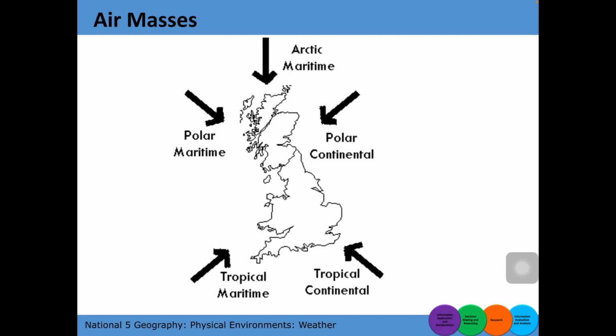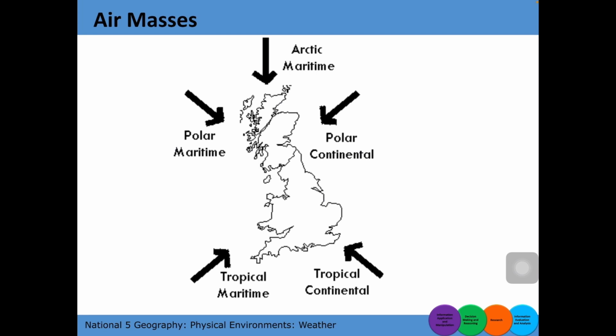When they come from the south towards the UK, they are bringing warm weather with them. When they come from the east and west, they are going to be bringing polar weather with them. And when they come directly from the north, that is going to be your Arctic weather coming with it. Now, when we have maritime air masses, they're going to bring a lot of moisture to the UK.